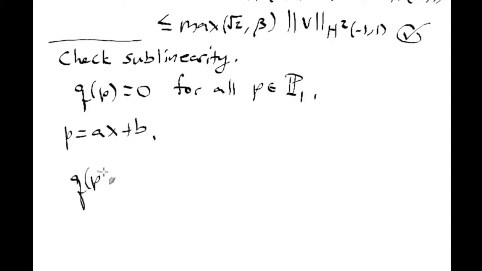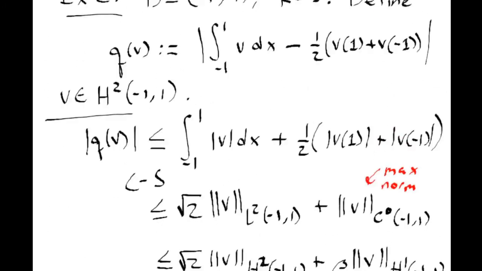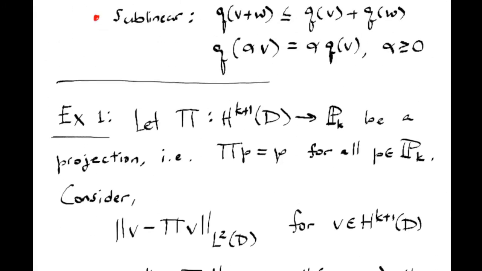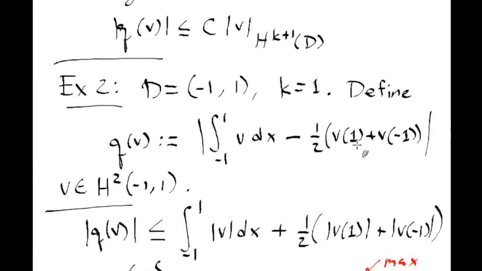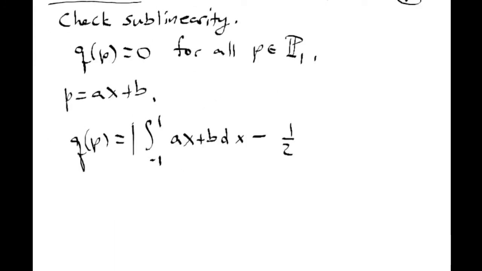Then Q of P is equal to the integral from -1 to 1 of ax plus b dx minus 1/2, and remember the quadrature rule we're using, so we are plugging in 1 and -1.